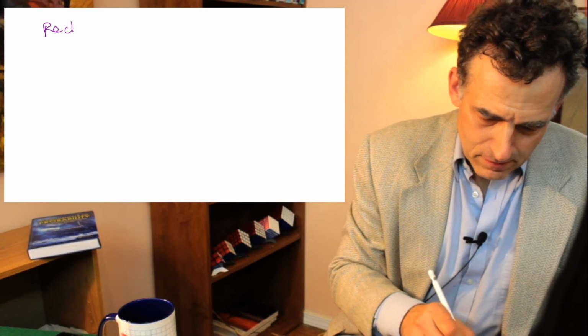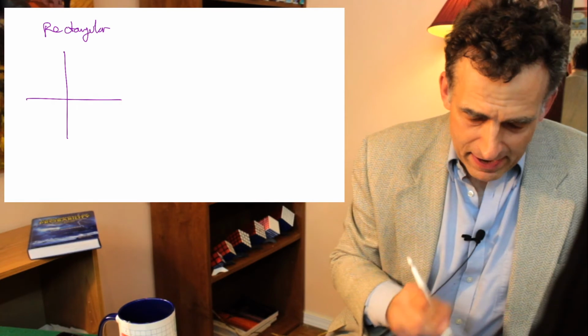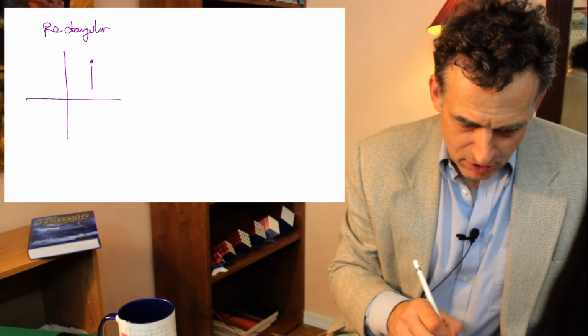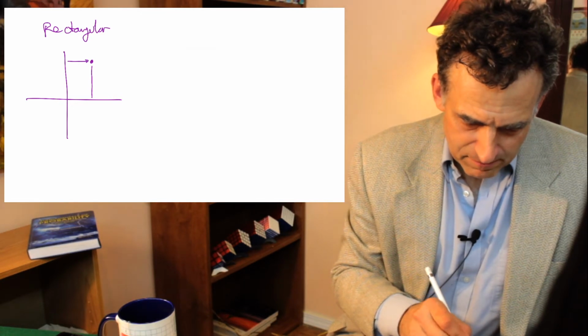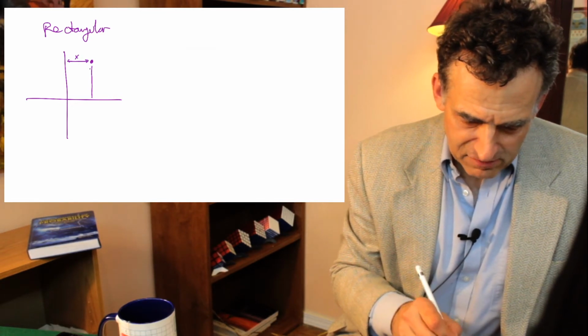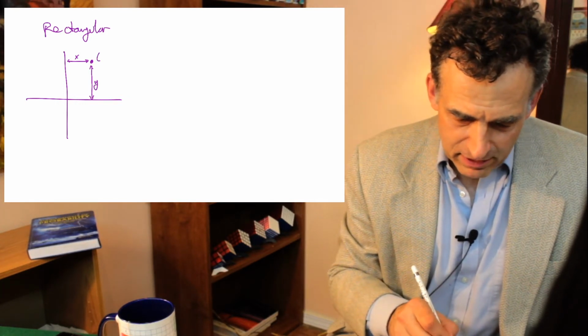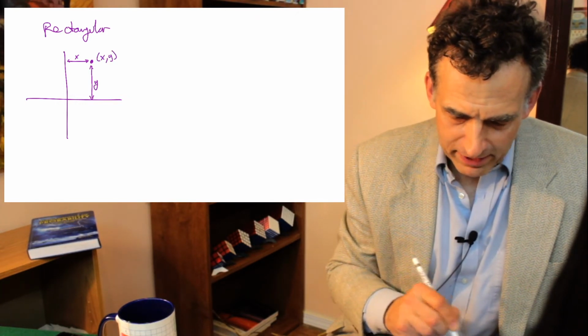In rectangular form, you have your axes, and then a point up here, and you're going to measure these two distances. This distance is the x-coordinate, the horizontal distance, and the vertical distance is your y-coordinate, and we call that the point xy.